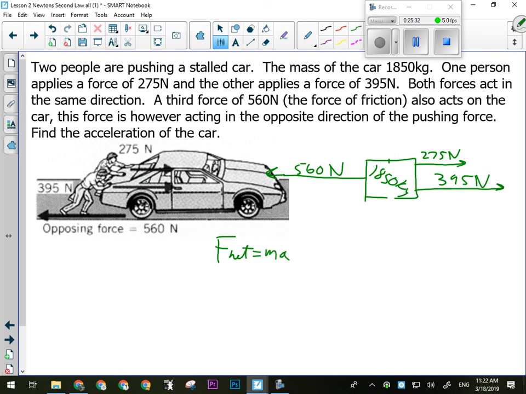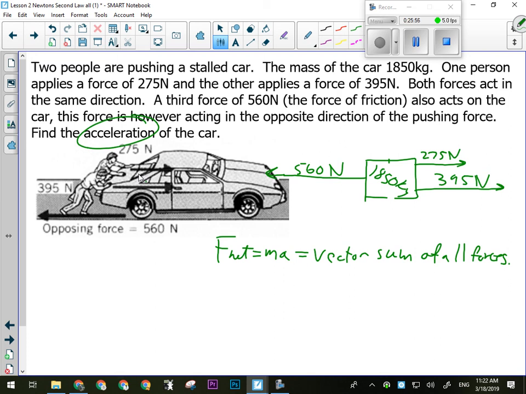I could use F equals m times a, but I don't have the acceleration right now. That's what the question wants me to find, so I can't use that method. The other method is to find the vector sum of all the forces. These forces are all collinear, right? They're either forward or backward, so it's pretty easy to find their sum.